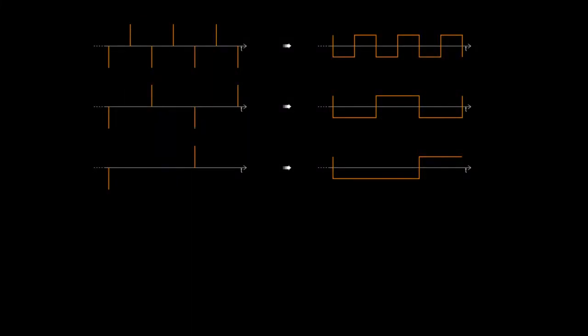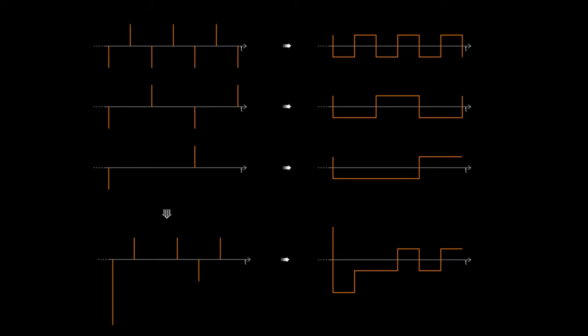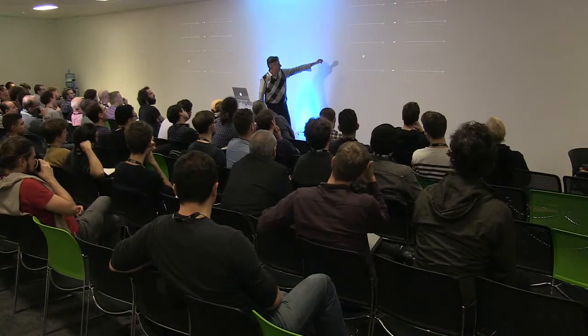So we have the blips that form a square wave at the top octave, 1 octave below, and another octave below. And if we combine these blips, we have as many blips as the top octave, well, 1 less if you subtract the 0.